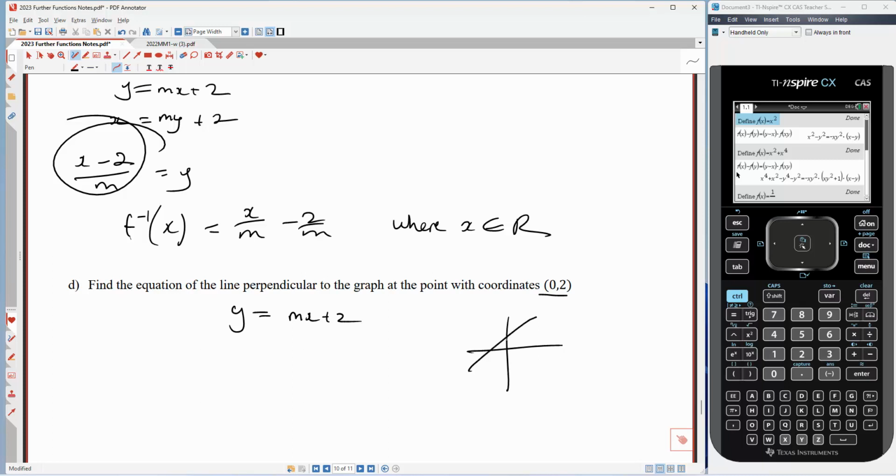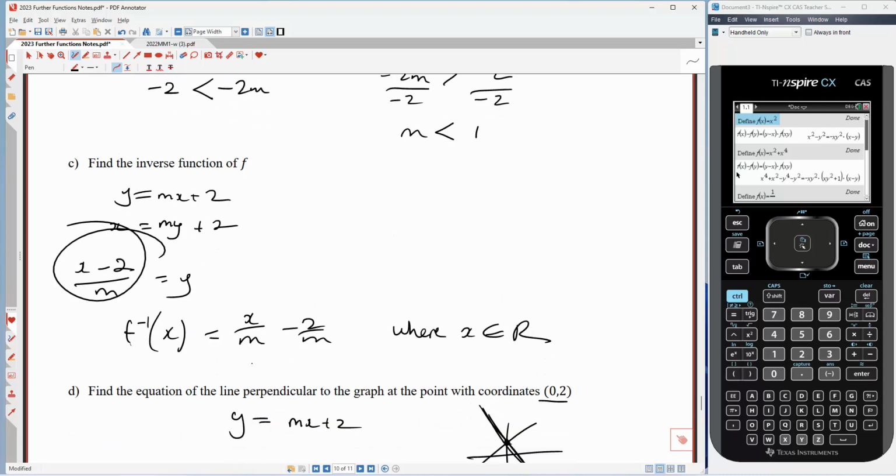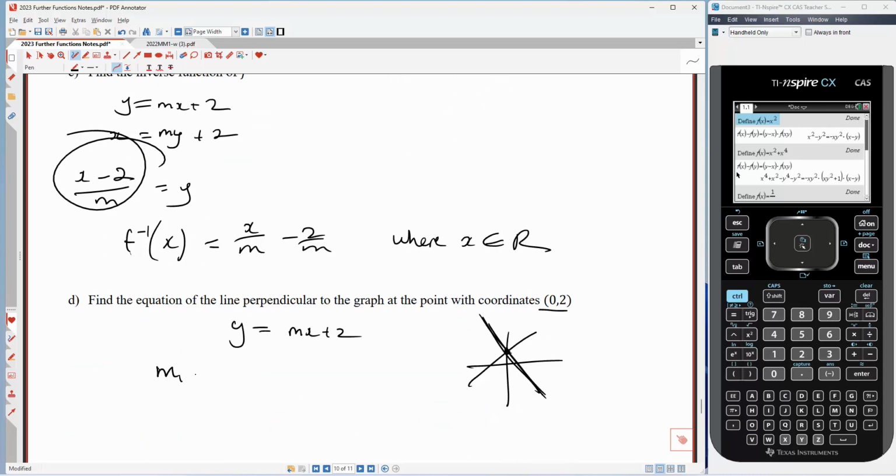Here is one possible thing. This will be the line that runs perpendicular. The gradient of the original, we'll call m1, is m. The gradient of the line that runs perpendicular, we'll call that m2, is the negative reciprocal of that value.